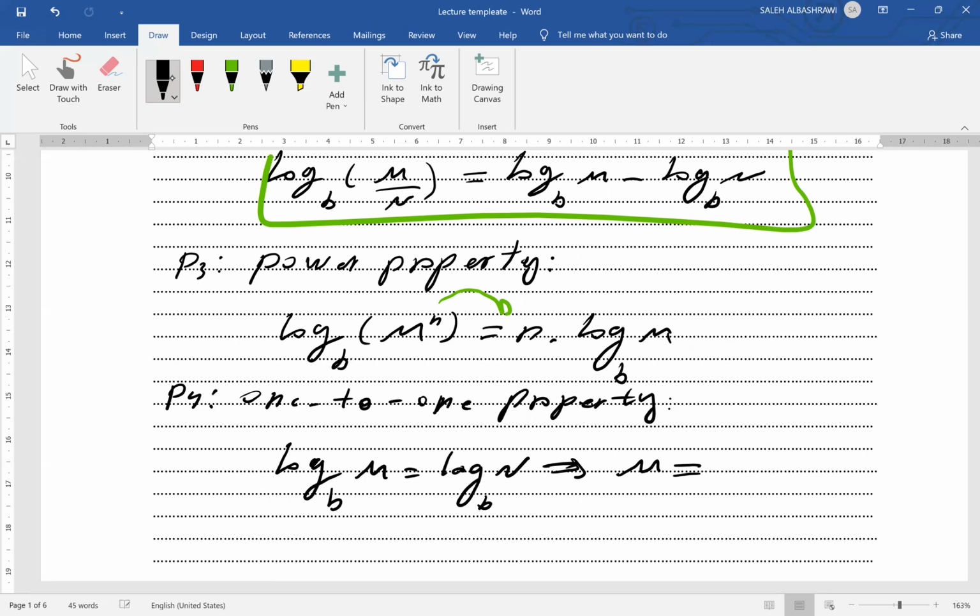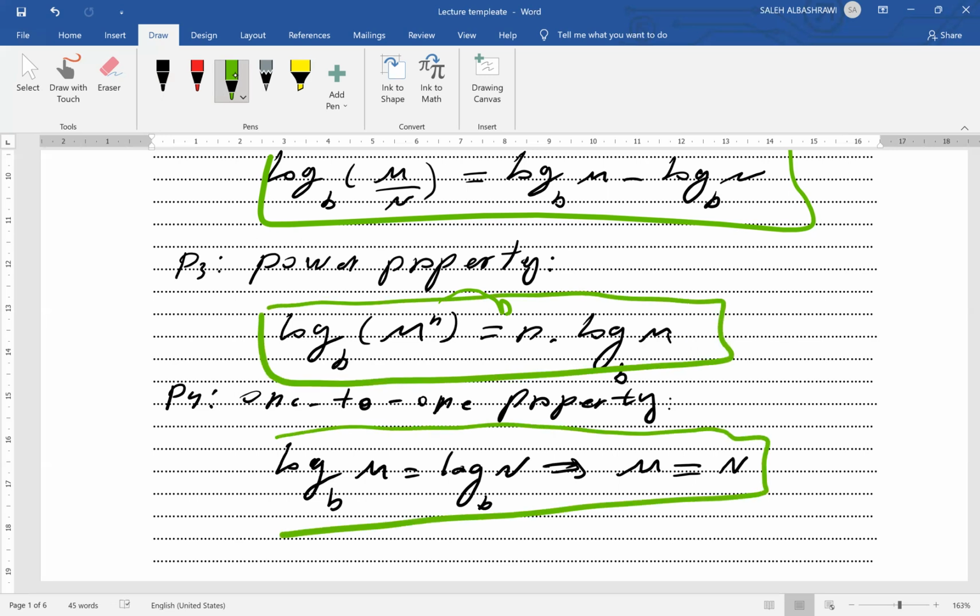So this is the one-to-one property of logarithm. If we have equality of two logarithms with the same base, then the quantities m and n must be equal. So these are the four properties for the logarithm. We have product, we have quotient, we have power, and we have the one-to-one property.